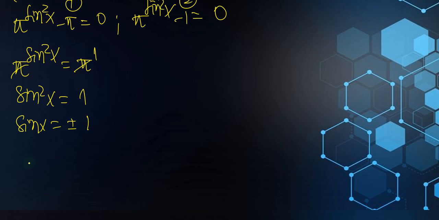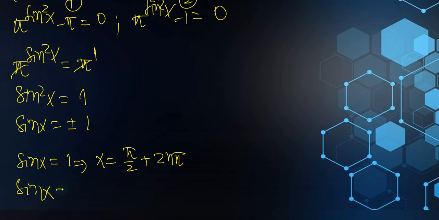The solutions here are going to be, for sine x equals 1, x1 equal to pi over 2 plus 2n pi, where n is a constant.